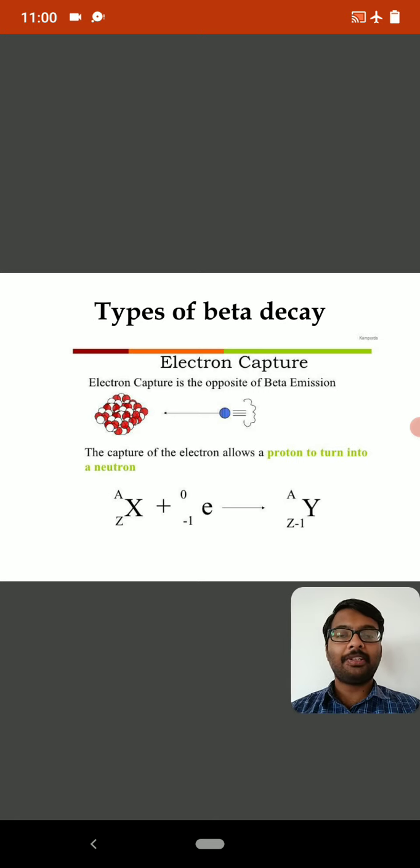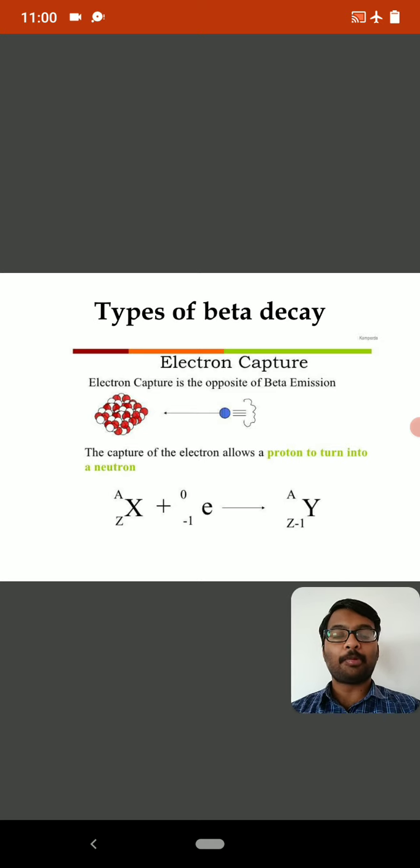Here we have the general representation. We have the parent nucleus denoted with chemical symbol X, mass number A and atomic number Z. One of the protons of this nucleus captures one electron. Because of the positive charge and negative charge, it becomes neutral. So the proton is converted into a neutron.